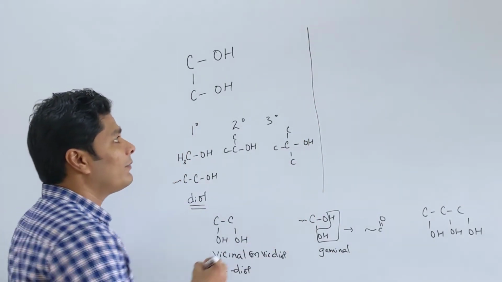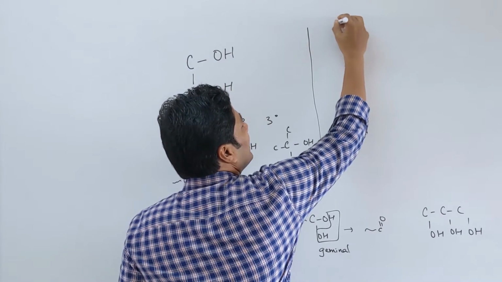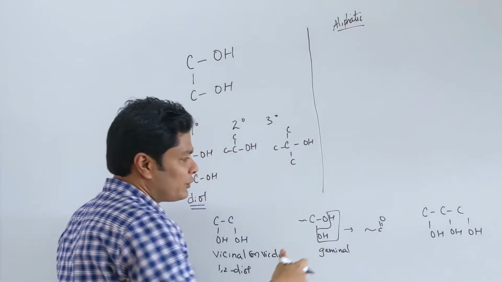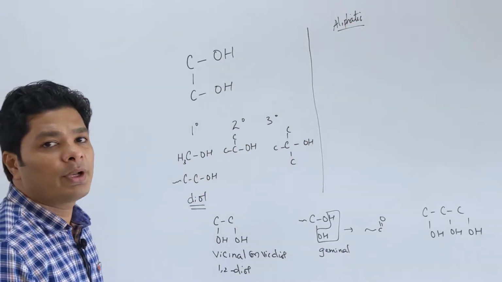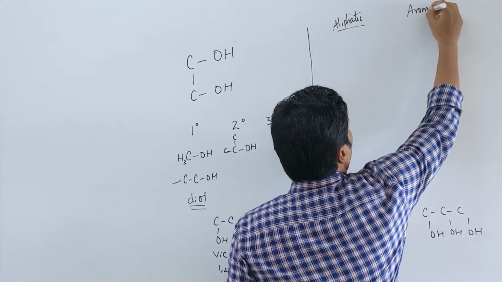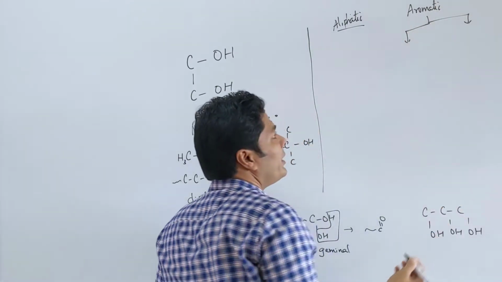If you go to aliphatic versus aromatic, we can have 2 types even in aromatic itself. In aliphatic it is too simple. Any of these would be classified as aliphatic. Whereas, when you go to aromatic, there are 2 types predominantly you want to remember.